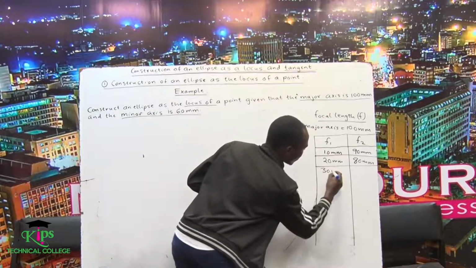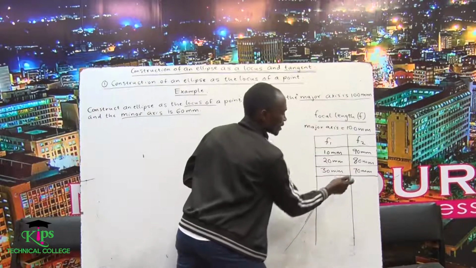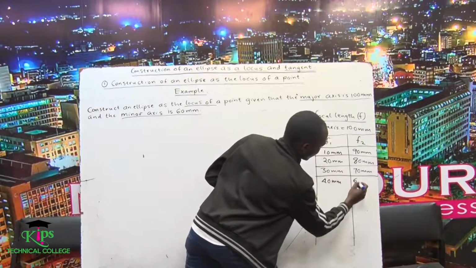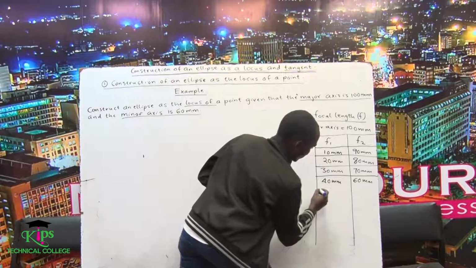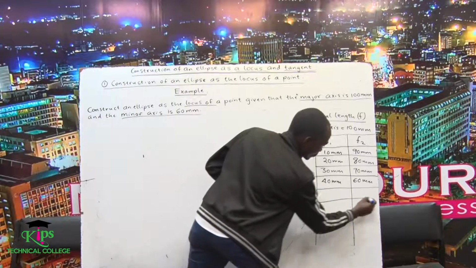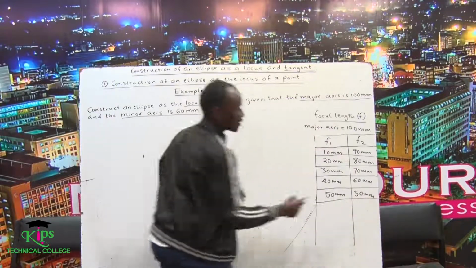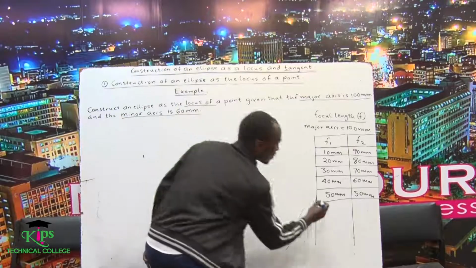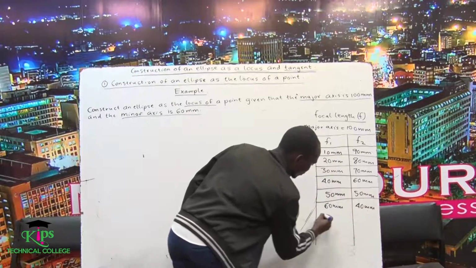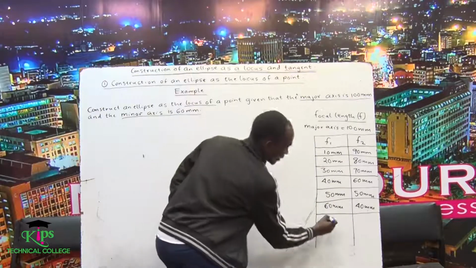We have 30 plus 70. 30 plus 70 is 100. 40. 40 plus 60 is 100 millimeters again. 50. 50 plus 50, you again get 100 millimeters. You have 60. 60 plus 40, you get 100.